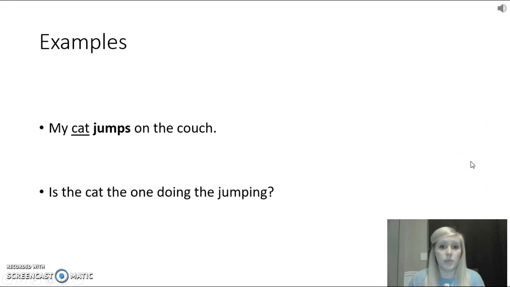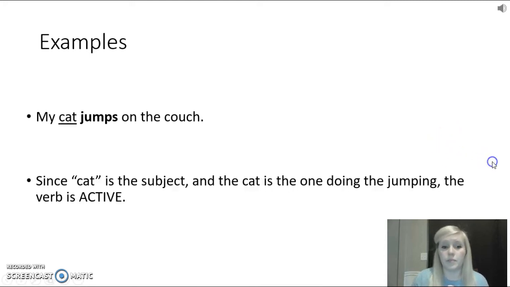The verb is jumps. Is the cat the one doing the jumping? Yes. So in this sentence, since cat is the subject and the cat is the one doing the jumping, the verb jumps is active.